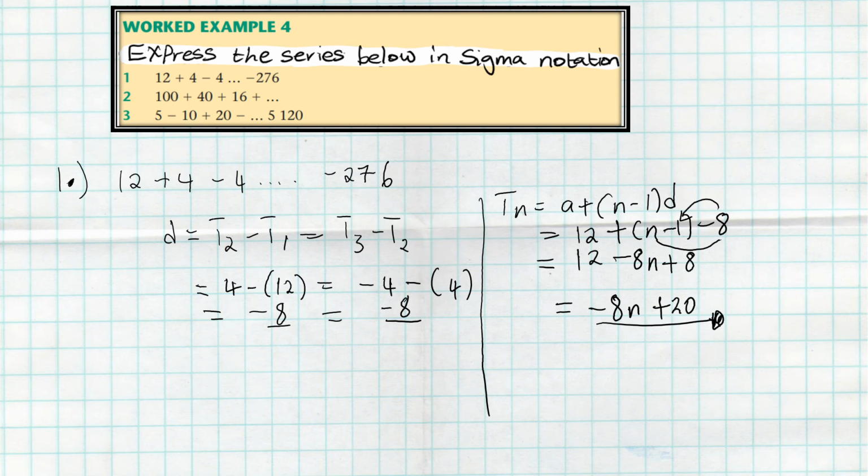So if I had to represent that series in sigma notation, I can say this is equal to the sum of, so it's sigma notation. Always choose n equals 1, or let me just use a different color.